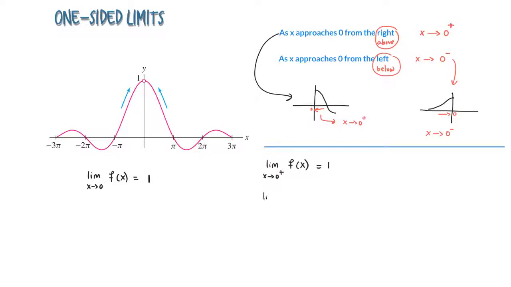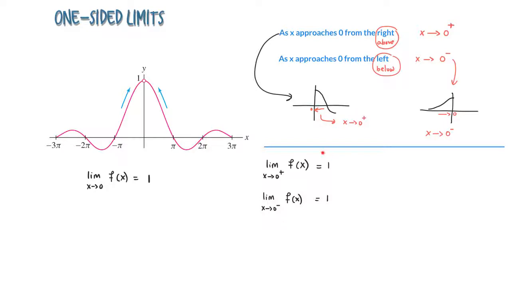Similarly, I can write the limit as x approaches 0 from the left of f of x equals, let's go back to the function here. Now we are approaching 0 from the left. Look at the y values, they're going up to 1. So then we write that this is equal to 1.